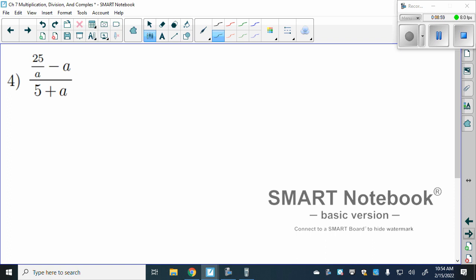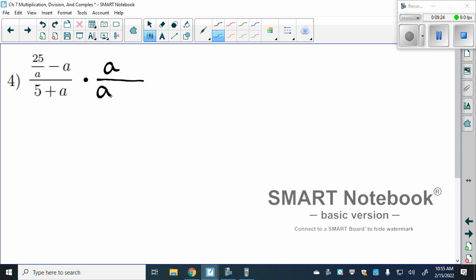Okay. Let's look at this next one here. Now again, the main goal is to get all the fractions out of the numerator and denominator. Well, luckily for this here, we only have one fraction, and it's in the numerator. And the denominator is what? A. So what do I need to multiply by?